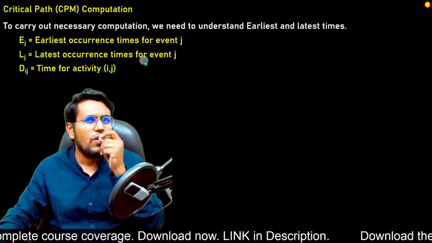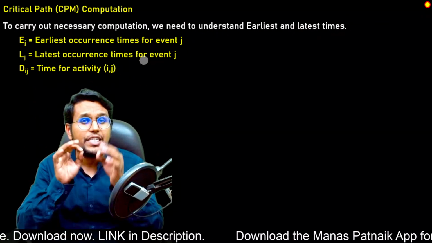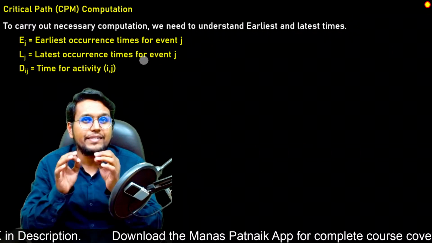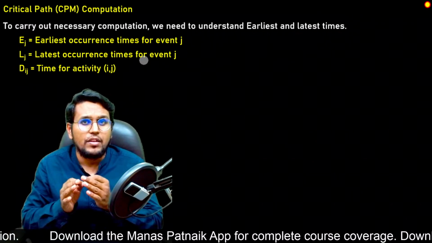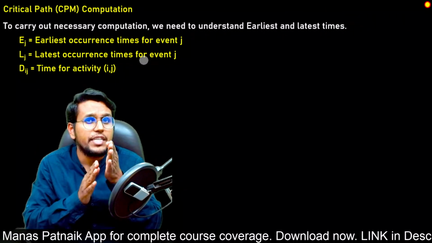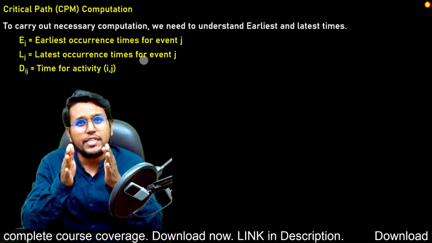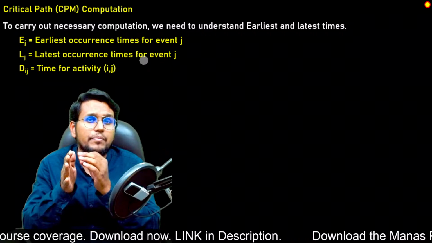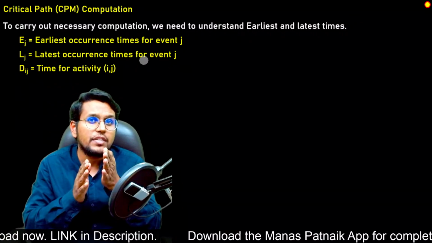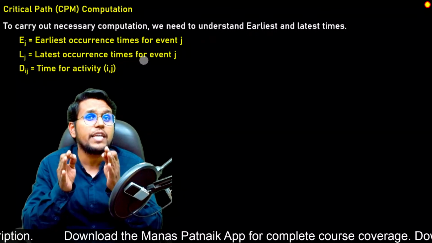When we say occurrence time of an event, we have discussed in the previous class that an event is an instance of time. It does not consume time. So at a particular event, how early an activity can be started, that is the earliest time. How late an activity can be started, that is the latest time. Or in case of a finishing event, how early an activity can be finished, or how late it can be finished.